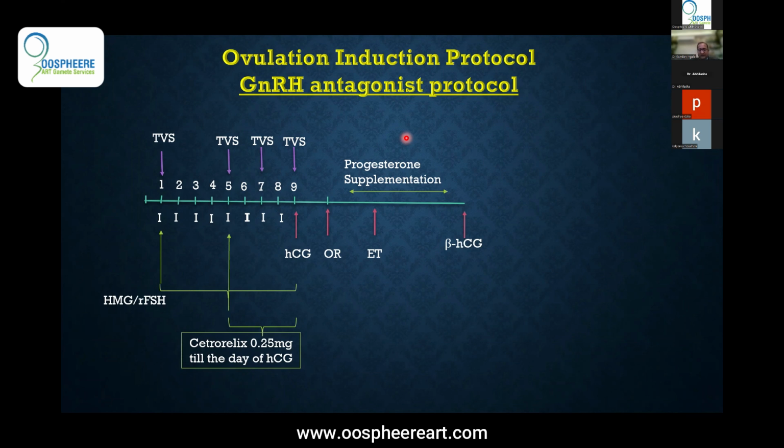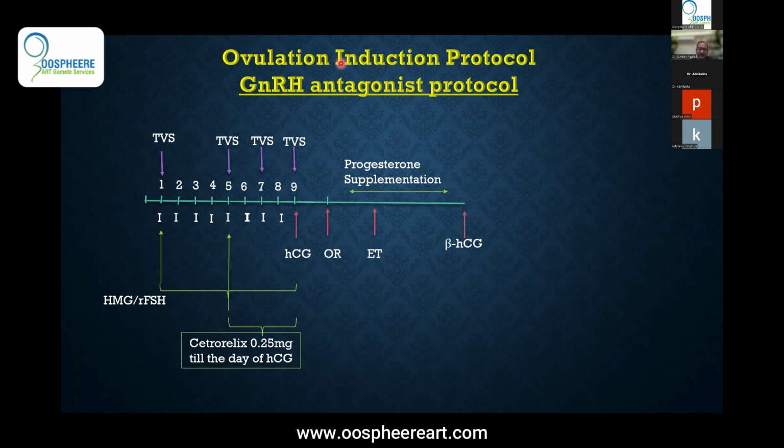So the gland stays filled with the same amount of hormones for as long as you are giving the antagonist. The agonist has a flare effect. So there is FSH-LH in the gland, and when the agonist trigger is given, the pituitary will release LH, and we utilize that LH surge for oocyte maturation.